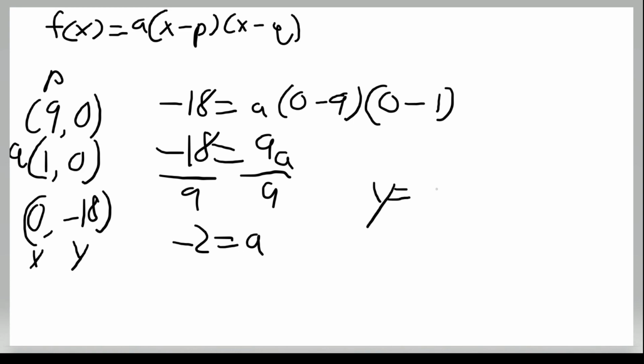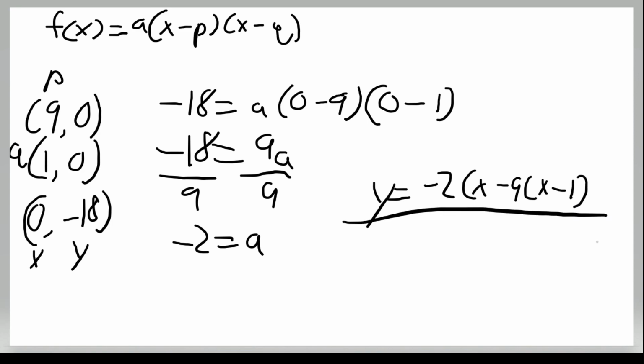Y equals negative 2(x minus 9)(x minus 1). There you go. That's how you solve from a point and then two x-intercepts.